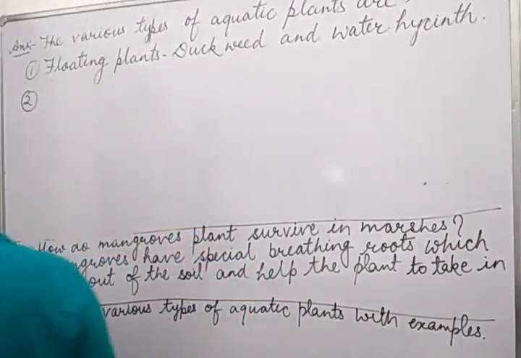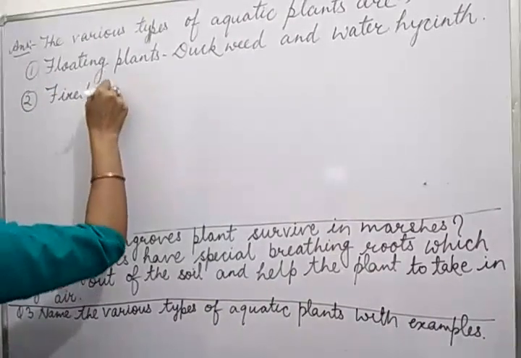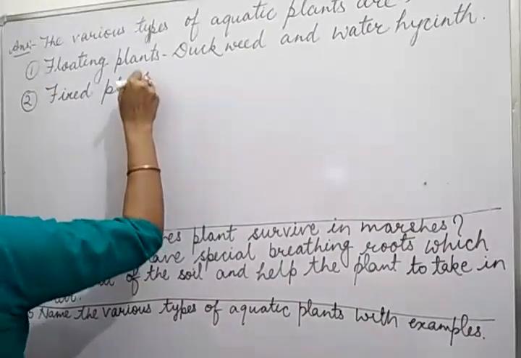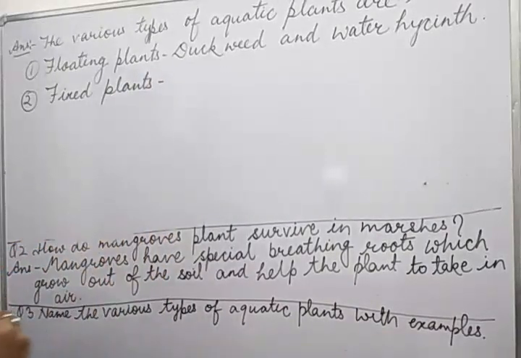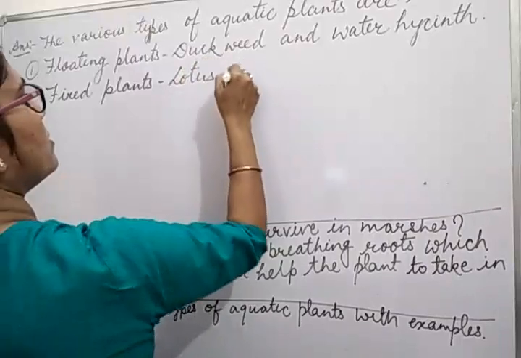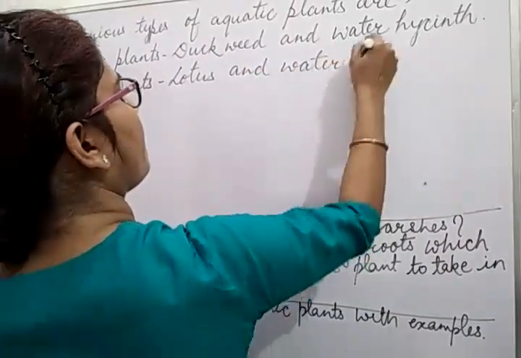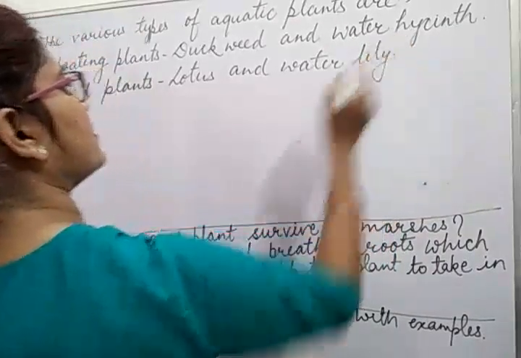Then second, fixed plants. The example of fixed plants are lotus, water lily. Lotus and water lily. These are the examples.